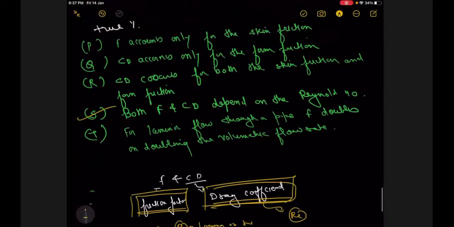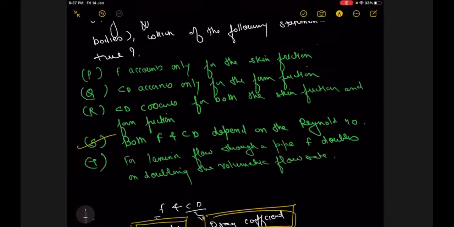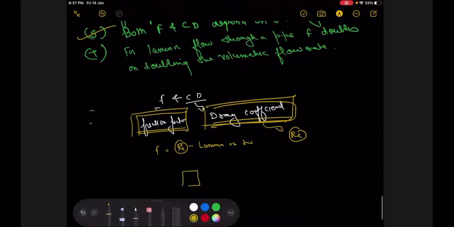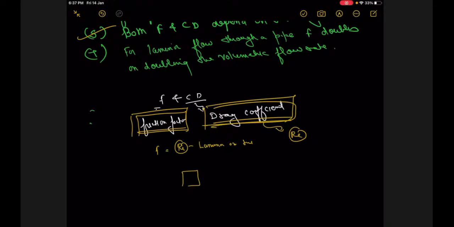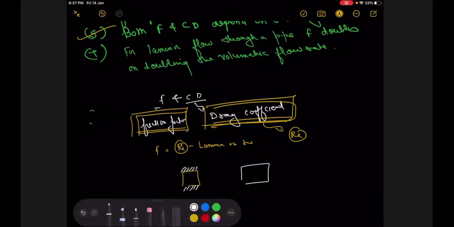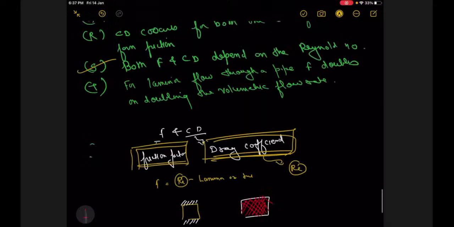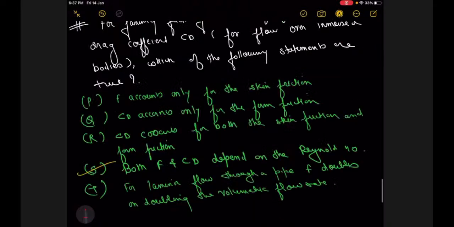So F accounts for the skin friction, CD accounts for the form friction. It is not like that. Skin friction is that which is acting on the upper surface, and form friction is that which is acting on the surface perpendicular, the normal surface.